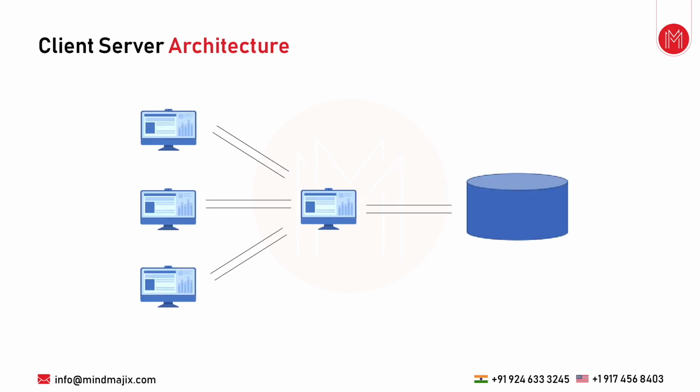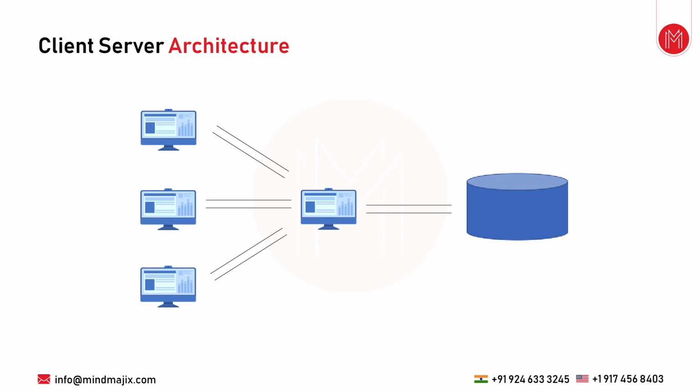A client server architecture can be best explained by this particular image, where you can see three clients on the left hand side, or you can consider it as a client system or the end user system, and the system which is in between can be considered as a network system which is interacting with the database. Now, let's understand this client server architecture with the help of a very simple example.